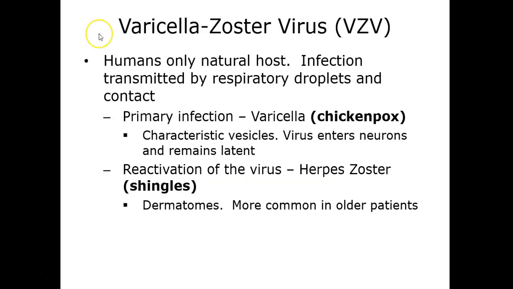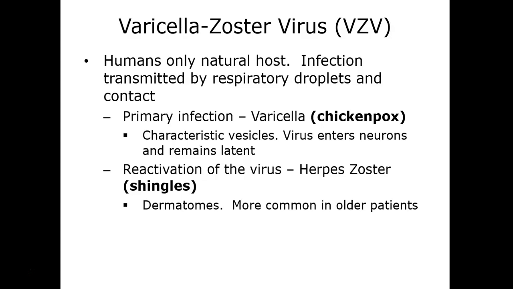We move on to another very important member of the Herpesvirus family. This is varicella zoster virus, or HSV3 is the specific type. Humans are the reservoir. They are the only natural host that we talk about. Infection can occur through skin lesion contact or respiratory airborne spread or inhalation.